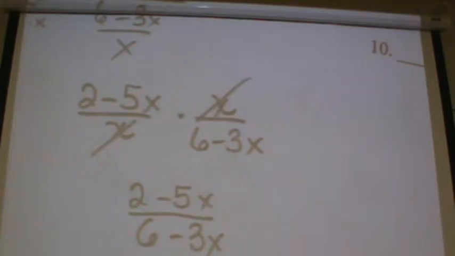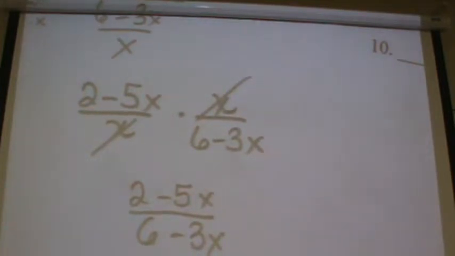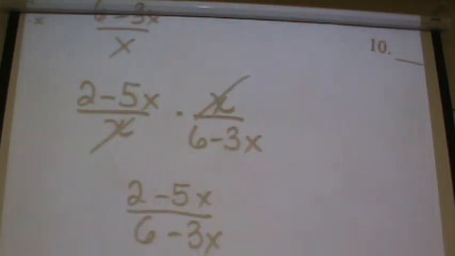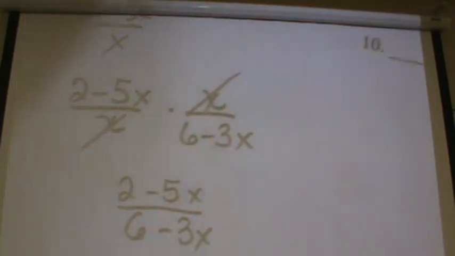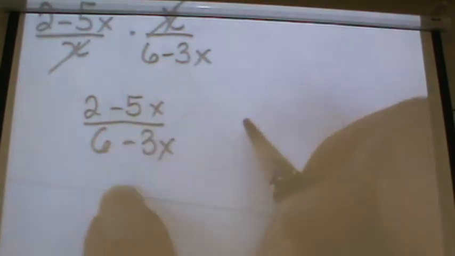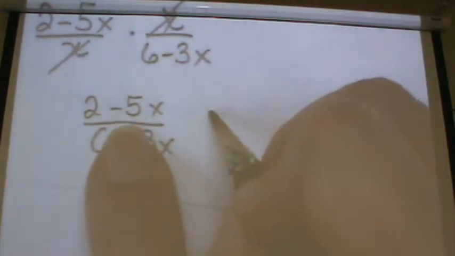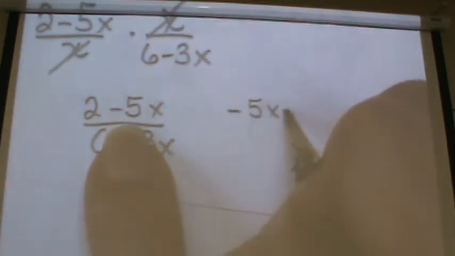Who had a different answer and got it right? You could get a different answer here if you are one of the few that did this. Some of you rewrote this as negative 5x plus 2.